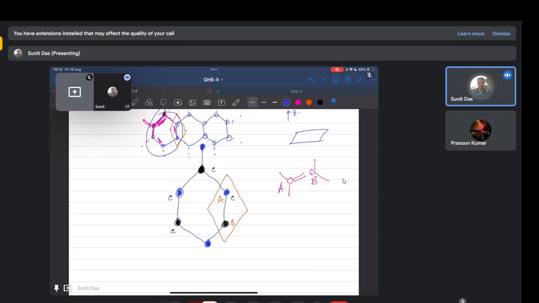So these are happening in an alternate way. Yes, this will be continued. If you repeat this unit cell, then you can form the whole graphene lattice structure like this. Yes.